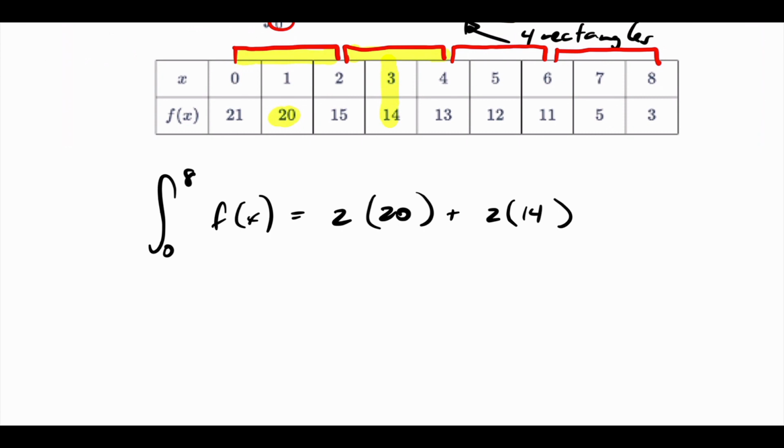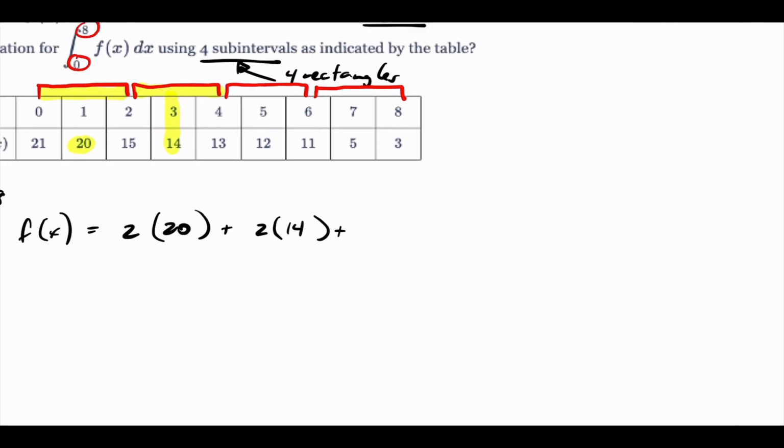Again, if you need a visual picture, draw one. You could easily make a graph. You can go 0, 1, 2, 3, 4, 5, 6, 7, 8, and then 5, 10, 15, 20, 25.